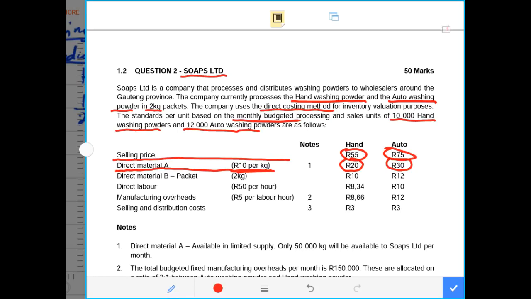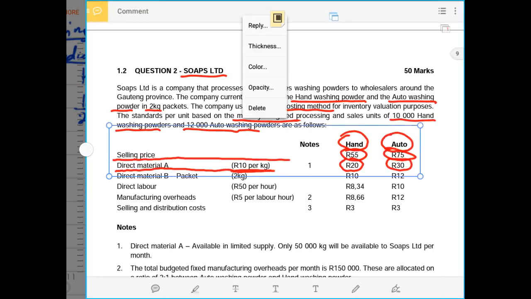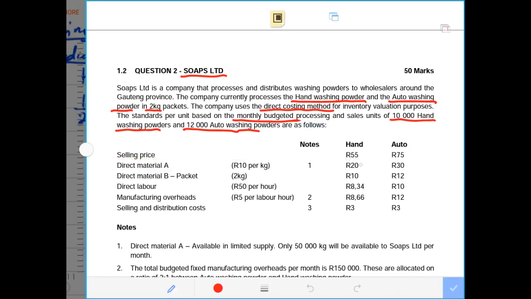So in this case, we need to know how many kgs are required to manufacture 1 unit of hand washing powder and 1 unit of auto washing powder. Because in this case, we are only provided with the cost per unit, which is the cost of material per unit being 20 Rand, and the cost of material A per unit, which is 30 Rand when it comes to product auto.